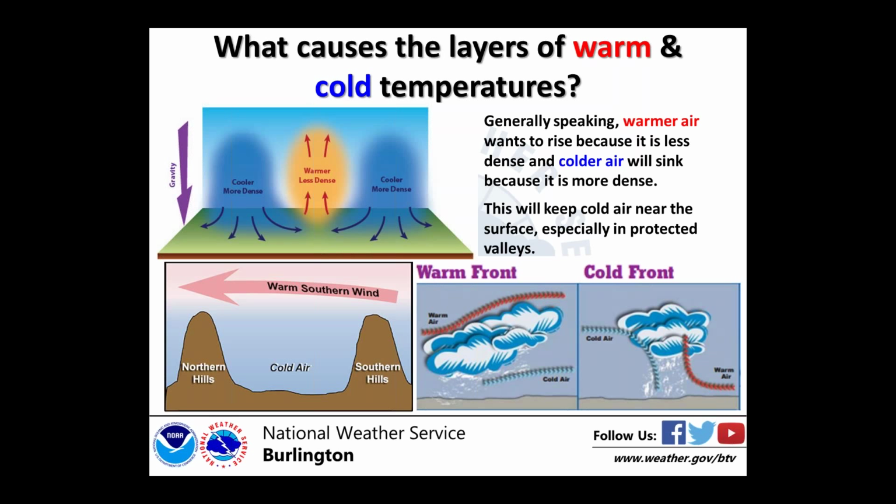It is denser, so the warm air continues to progress and moves up over the cold air, so then you wind up having warm air above cold air, which can lead to sleet and freezing rain if there's precipitation involved. Cold front, not as much, because the warm air gets pushed up as the cold air that wants to stay close to the ground wedges its way or pushes its way into the warmer air.